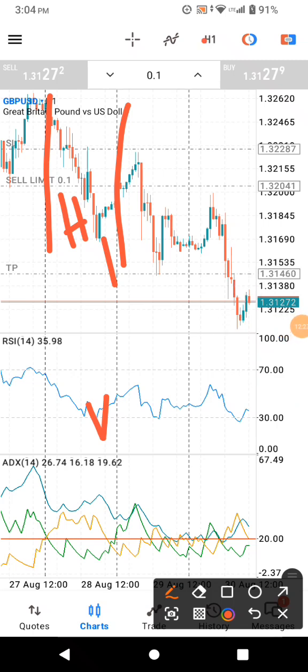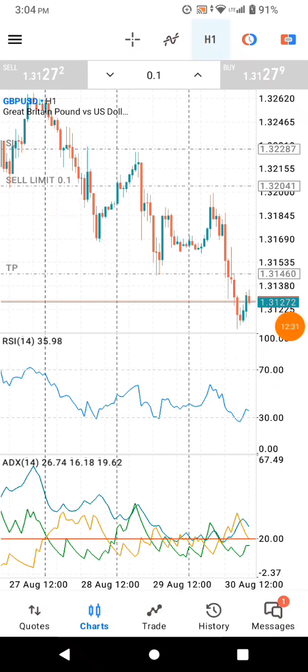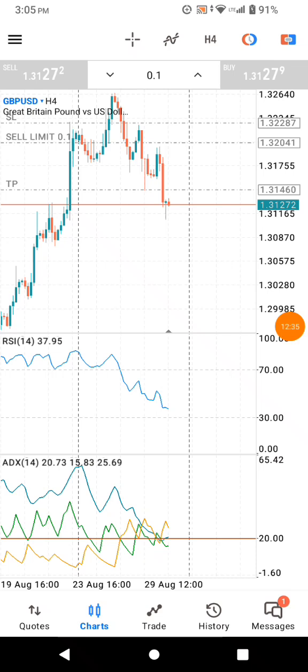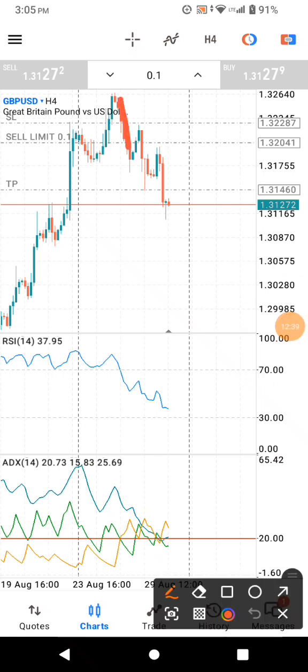Let's go to H4. You can see that pullback. I hope you can see very clearly. There was RSI closing below 30 in H1, and you have that pullback. That pullback means that a new trend is starting on H4. I hope I'm very clear.